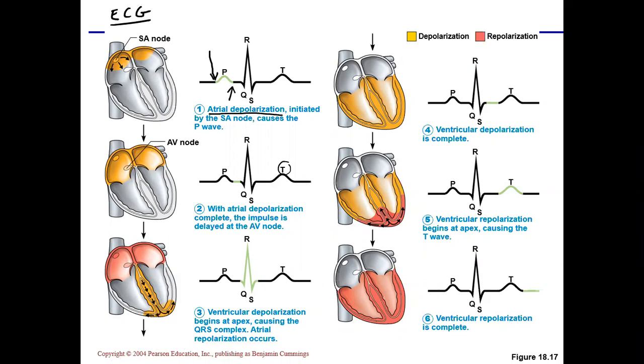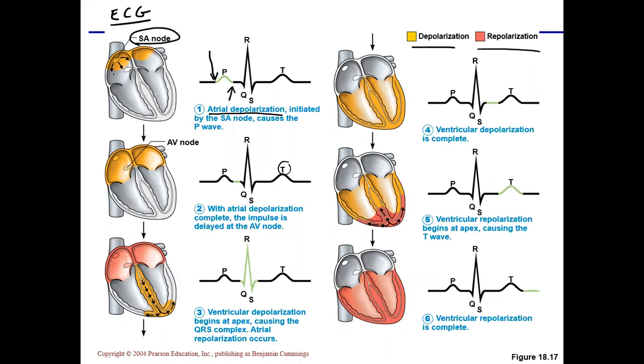If my eyes are at the heart, you could see the yellow is depolarization and the red is repolarization, and at the SA node, as we discussed already, the autorhythmic cells start generating their action potential and they are spreading.